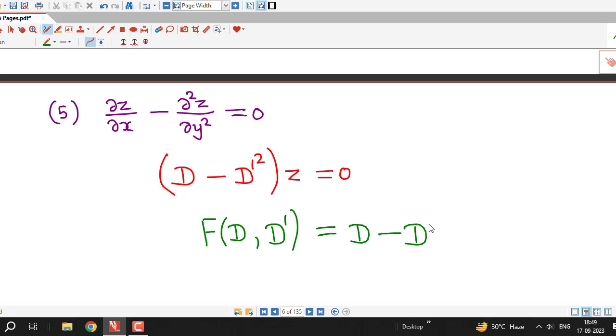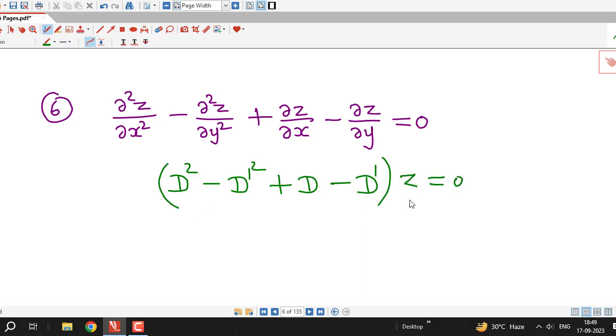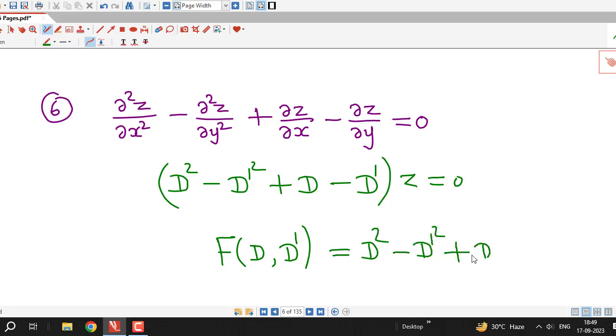D minus D dash squared. Similarly let's try to write this. This is D squared minus D dash squared plus D minus D dash, z equal to 0, and here the function of D and D dash is D squared minus D dash squared plus D minus D dash.